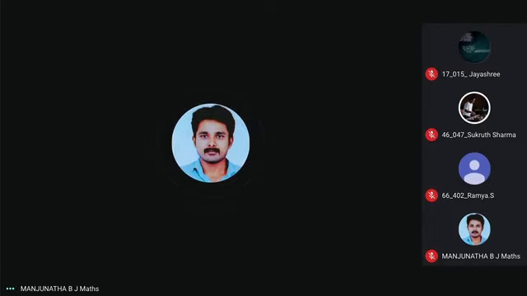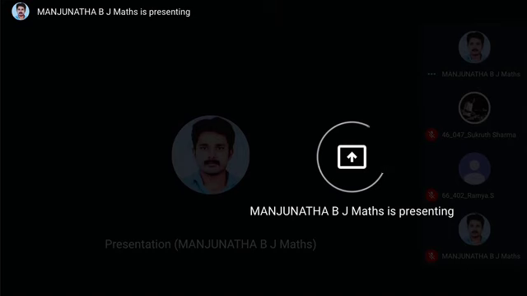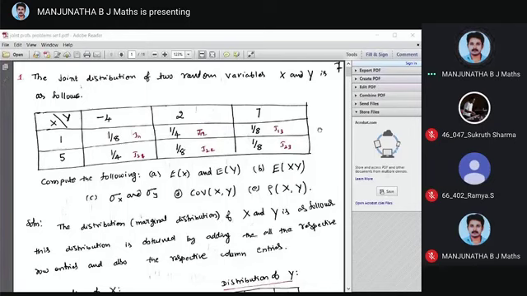Probability set 1. The joint distribution of two random variables x and y is as follows.